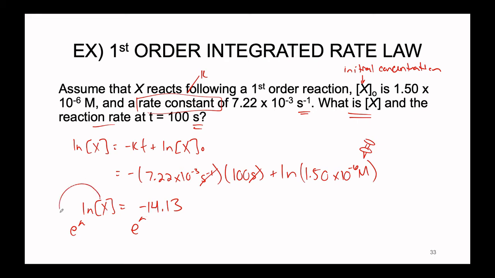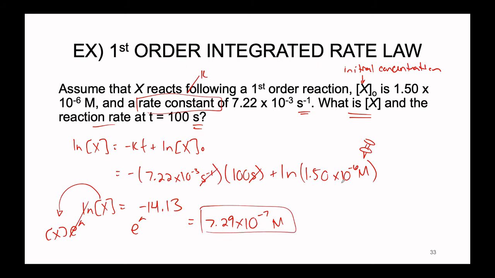This is going to pull down our concentration of x, canceling out e and the natural log on the left-hand side, giving us then a final concentration of e to the negative 14.13, also equal to 7.29 times 10 to the negative 7, and here we're just going to return the molarity to us. So since we had natural log of molarity in the exponent here, we also raised that up to the e, dropping down the molarity for our concentration unit.